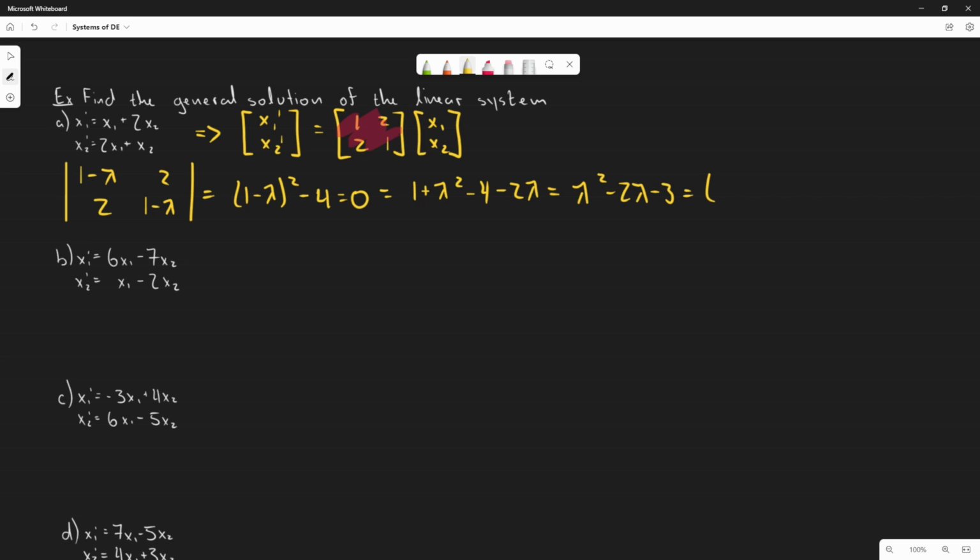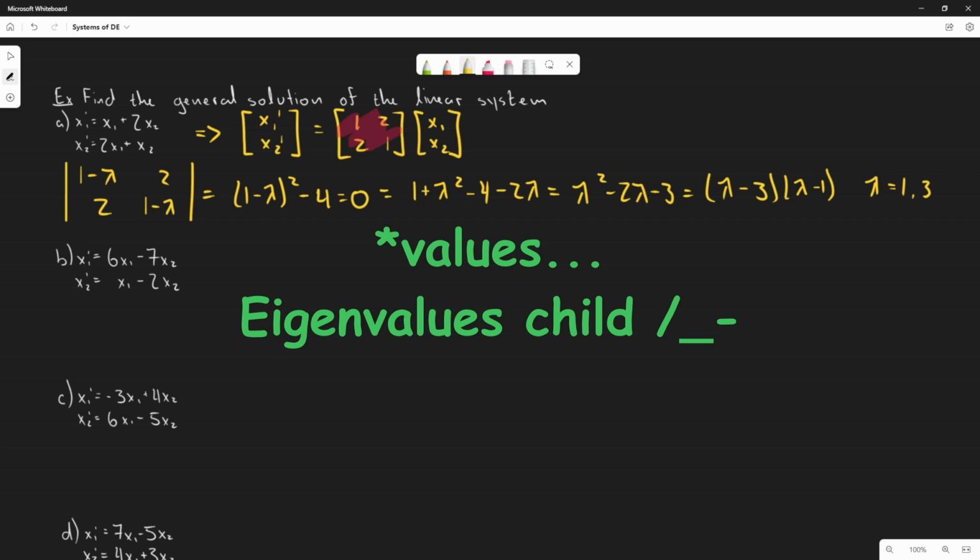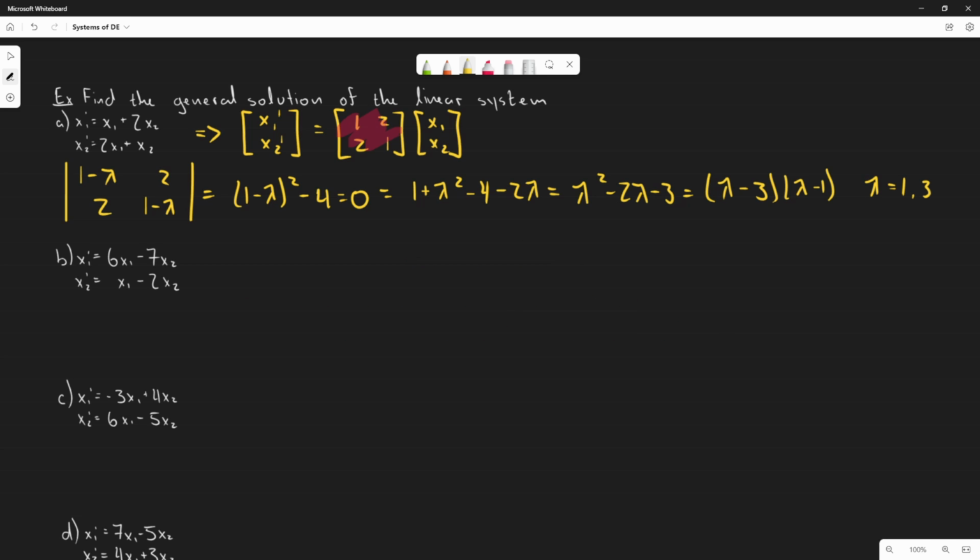Then we can write this as (lambda minus 3) times (lambda plus 1), and so we have lambda being negative 1 and 3. Cool. So we have our eigenvalues, and now all we have to do is find our eigenvectors.